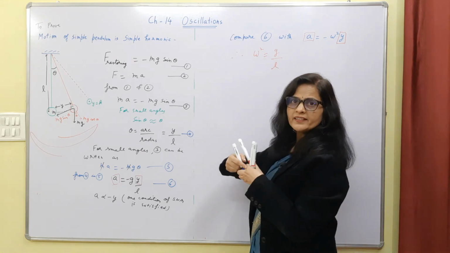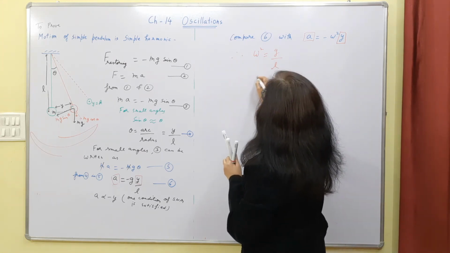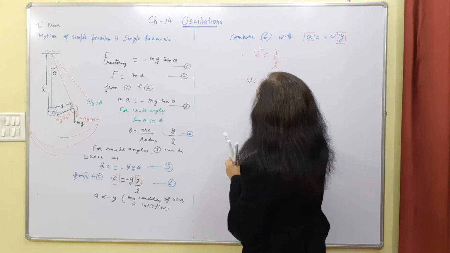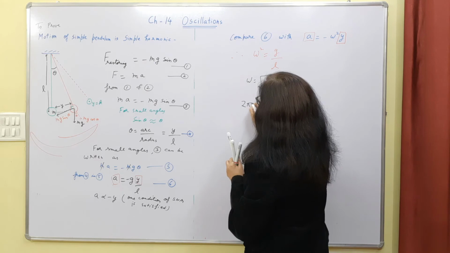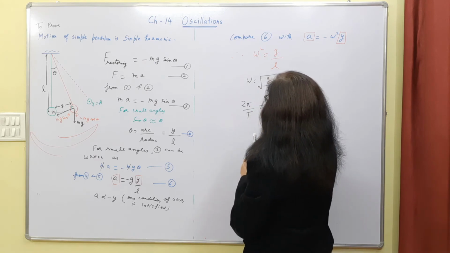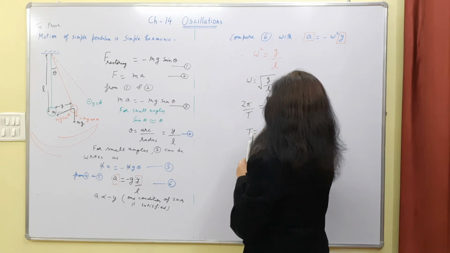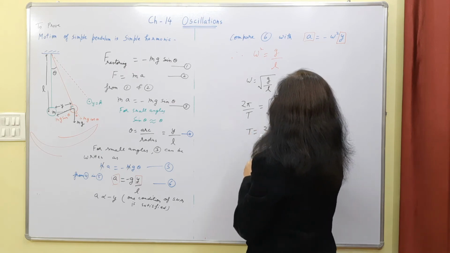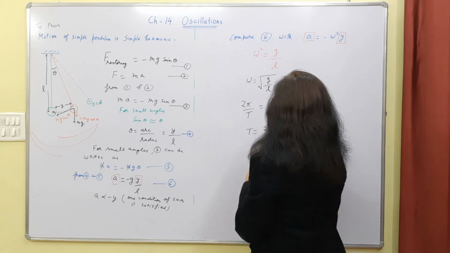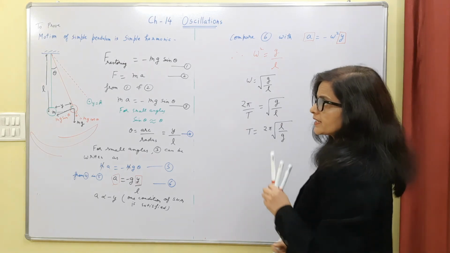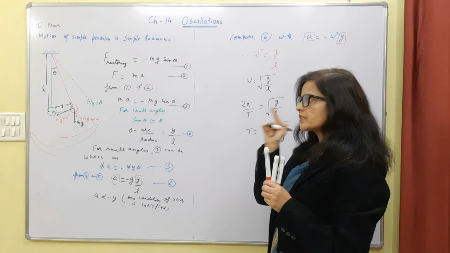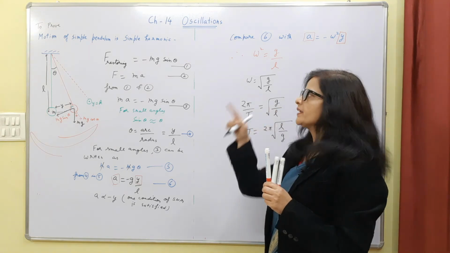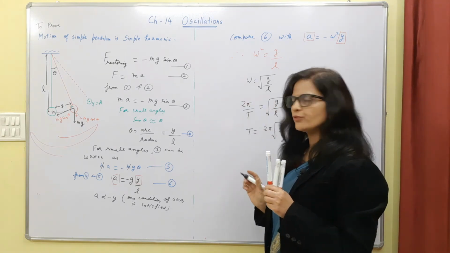So if I want to find the time period, how will I find it? Omega can be written as under root of g upon L, and omega can be written as 2 pi upon T, and T can be written as 2 pi under root of L upon g, where L is the effective length. That means L is the distance between the center of the bob and the point of suspension of the pendulum.